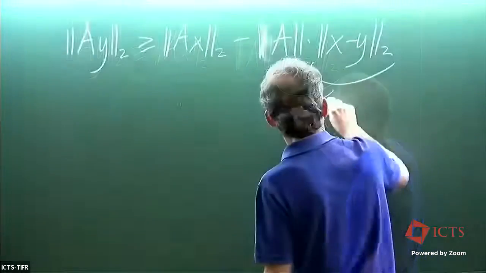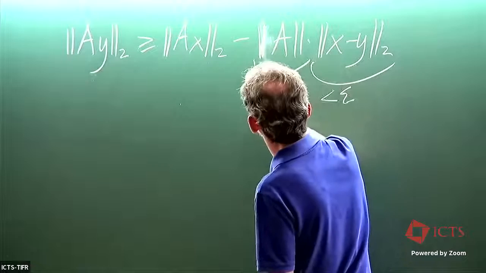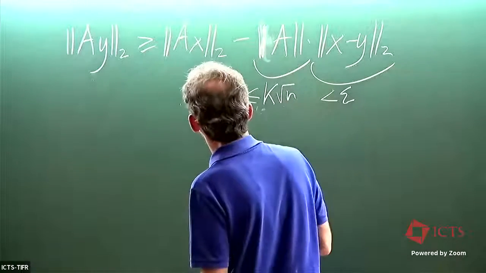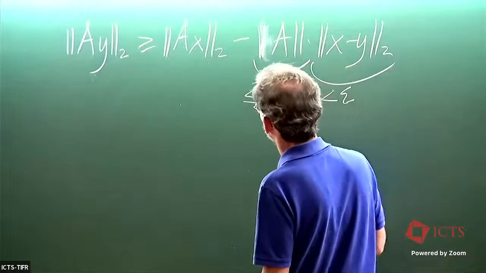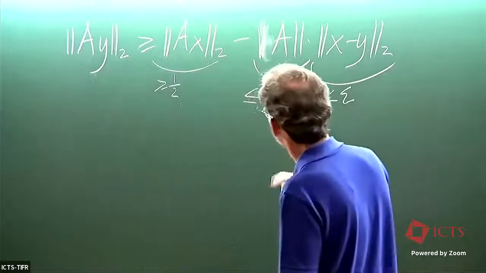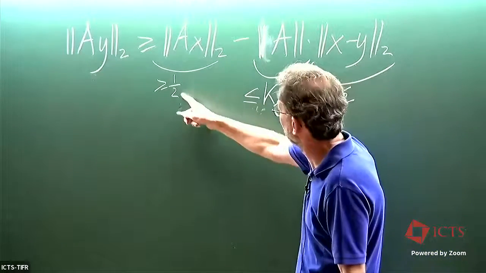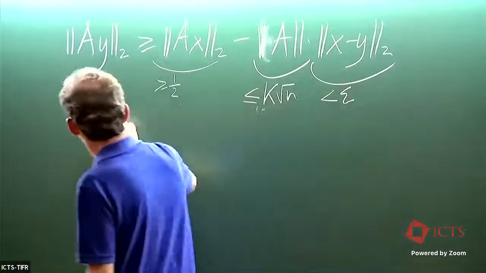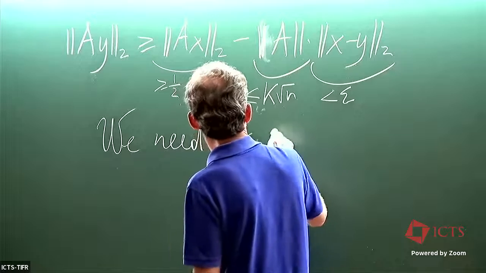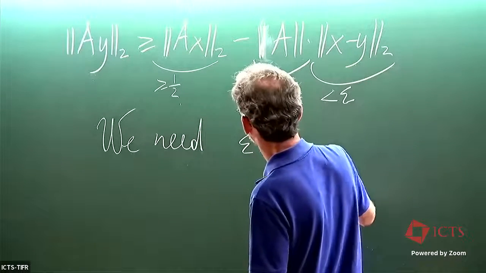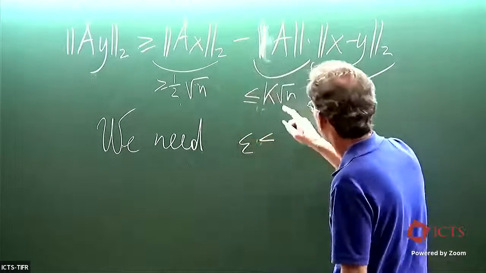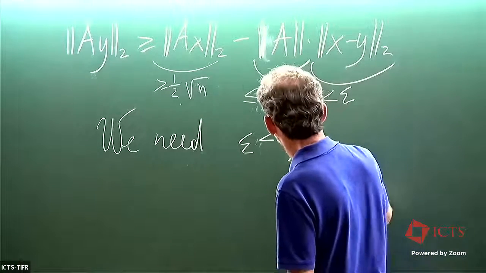This is smaller than epsilon. This norm of A is, as we already figured out, at most k square root of n. And this is going to be greater than 1/2. So to make a meaningful estimate, we need epsilon to be less than 1/2k.